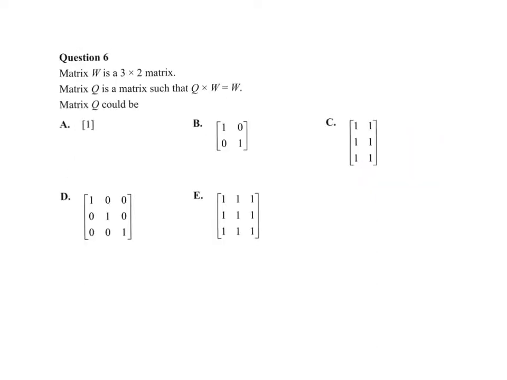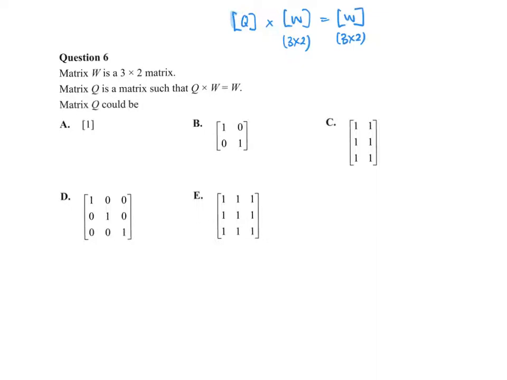Okay, question 6. Matrix W is a 3x2 and Q is a matrix such that Q times W equals W. All right, matrix Q could be... so when you get these ones, I always like to write out what they're doing. So I'm just writing out what they've said. Now, they've said that matrix W is a 3x2, so I'm doing that.